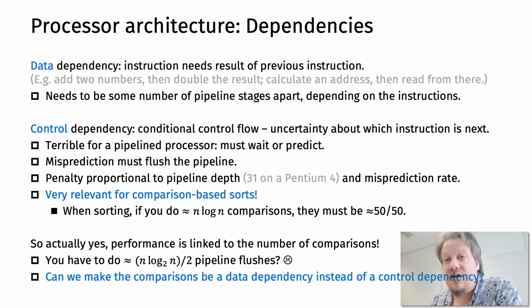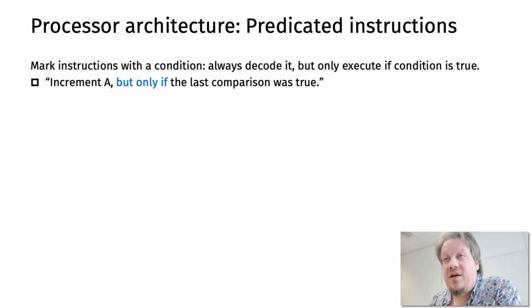But let's get to the second thing about processor architecture that I want to talk to you about, which are predicated instructions. So this is the idea that you make your processor in such a way that it is possible to mark an instruction with a condition. And what that means in this pipelined processor is you always go do the instruction, you decode it, you do whatever you need to do to this instruction to be executing it.